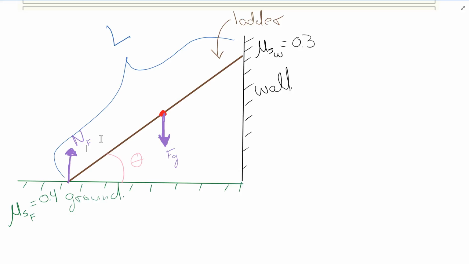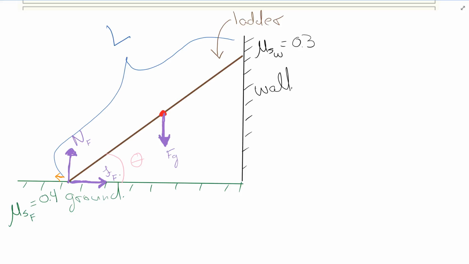If there was no friction, this system would slide, or at least the ladder would slide that way, right? To the left, which means if I have a friction force, it's going to oppose the motion. It'll go in the opposite direction of motion. So my friction force here should go to the right. And I'm going to label that my curly F for friction, subscript F for floor.